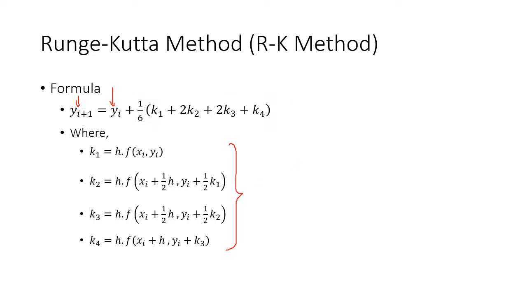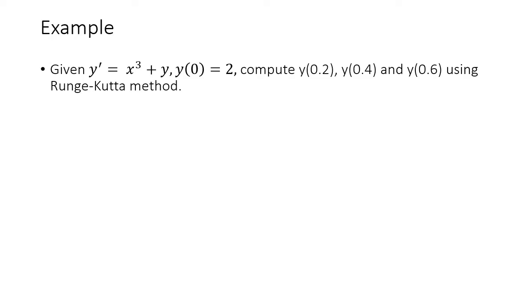Okay, let's solve an example using RK method. So this is the given differential equation which we want to solve using RK method, and this is the initial condition given, and the meaning of this condition is that at x0 equals 0, y0 equals 2.